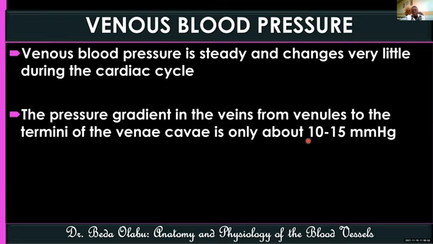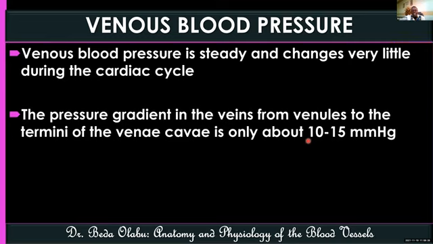And remember the formula: flow is equal to change in pressure, or pressure gradient, over resistance. So yes, the resistance is low, fine, because veins have wider lumen and the lumen keeps on increasing. So the resistance could be low, but it's not zero.